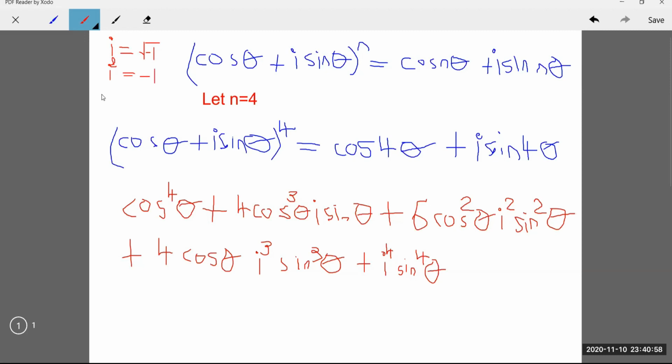Then I cube is just equal to I square times I. And so using laws of indices, we get that I cube is minus I. And then I to the 4 is I square times I square.